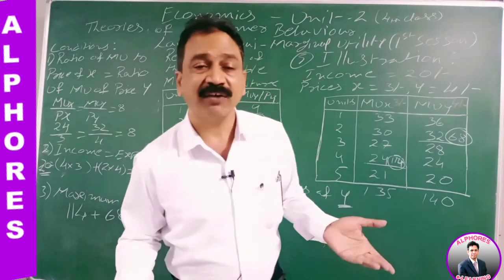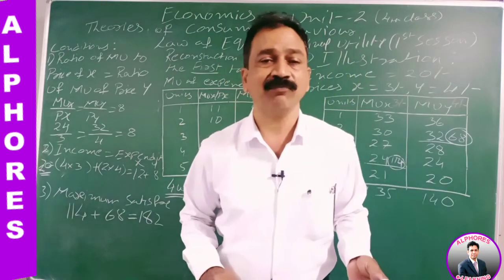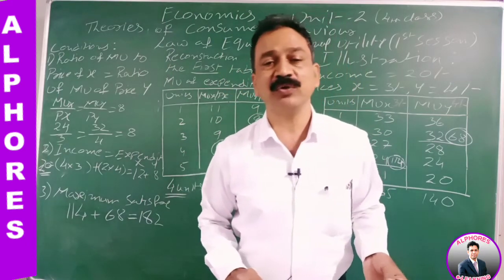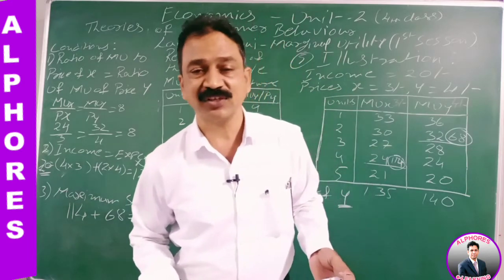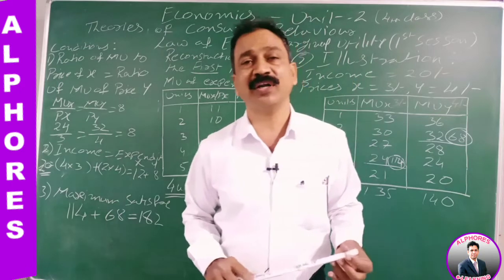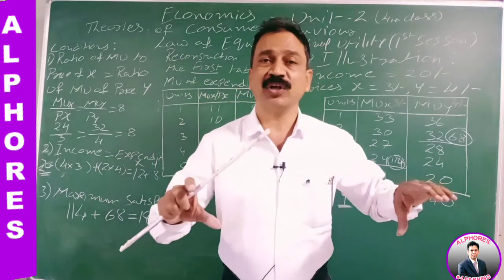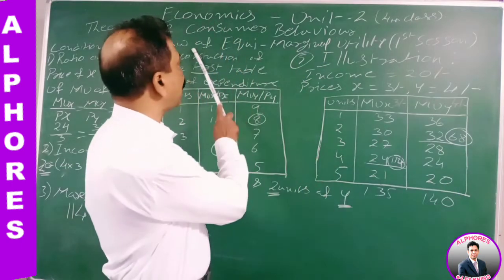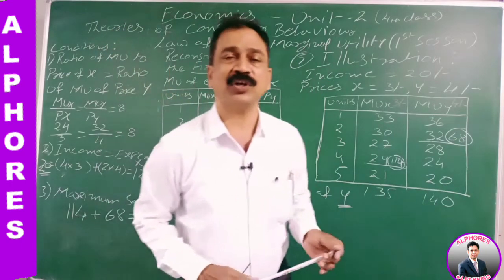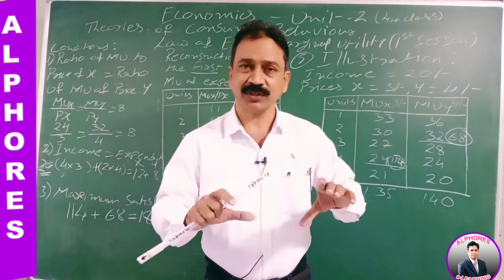And the definition of Alfred Marshall also goes like this: if a person has a thing which can be put to several uses, he uses it in such a way that it has the same marginal utility in all the commodities he purchases, and he tries to get equal marginal utility. That's why it is called the law of equal marginal utility. Equal marginal utility out of the last commodity he purchased.